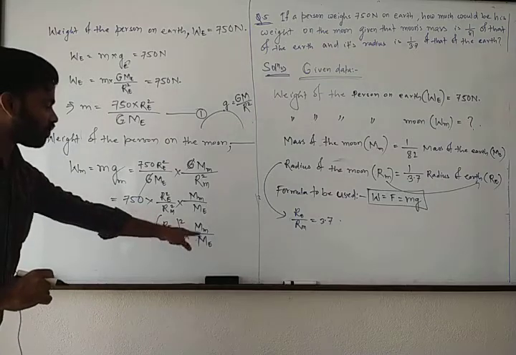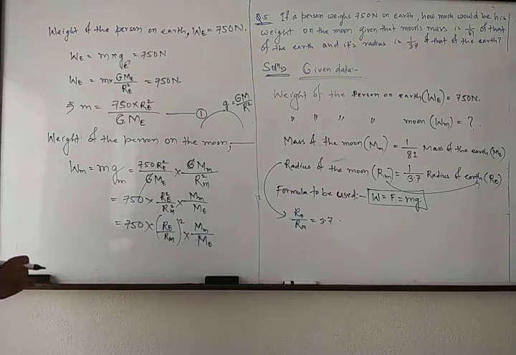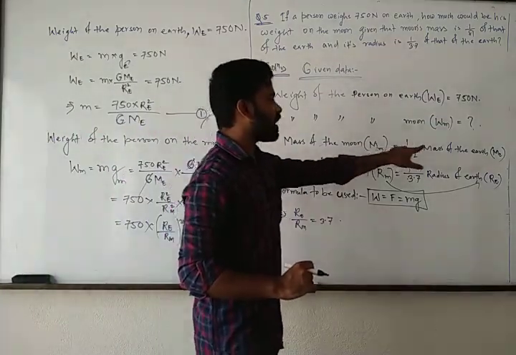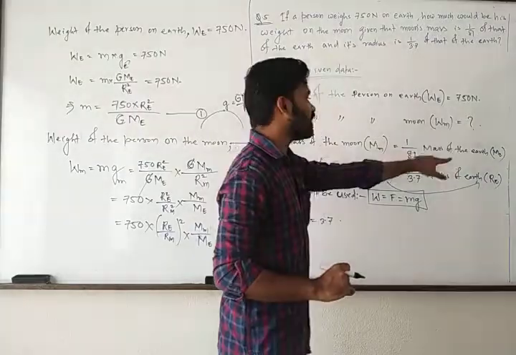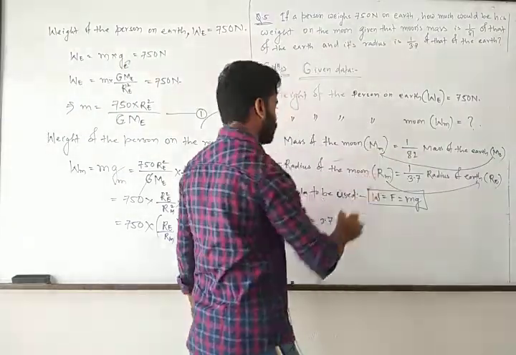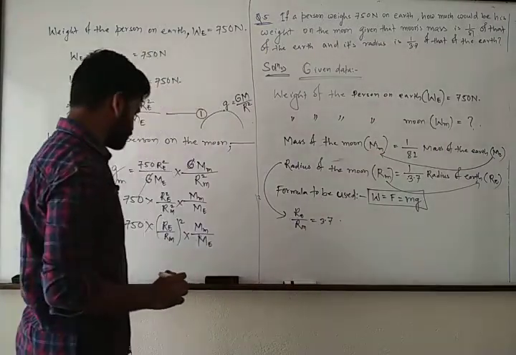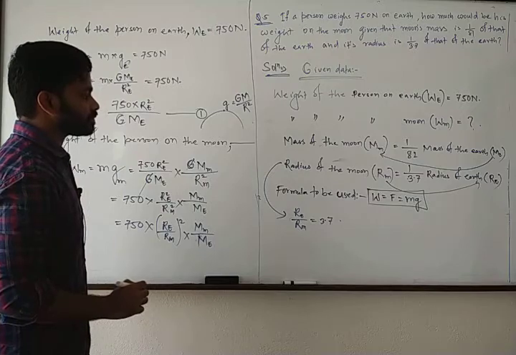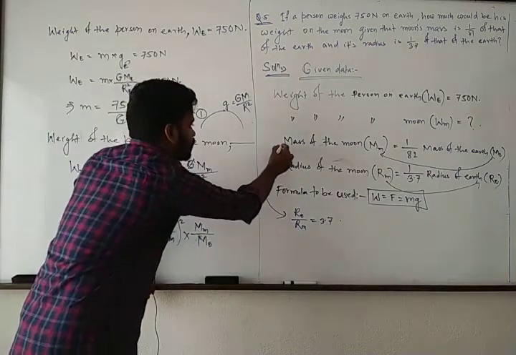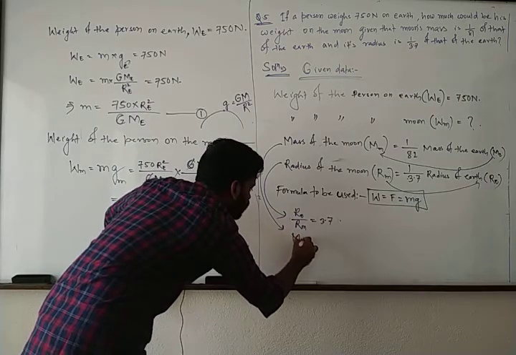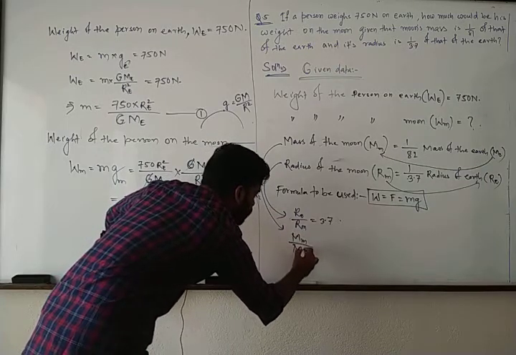Similarly, we have to find the ratio of mass of the moon to the mass of the earth. So mass of the moon is on this side, mass of the earth on that side. So we have to take the mass of earth here. So what will happen? From this equation, we can calculate the ratio, that is mass of the moon upon the mass of earth.